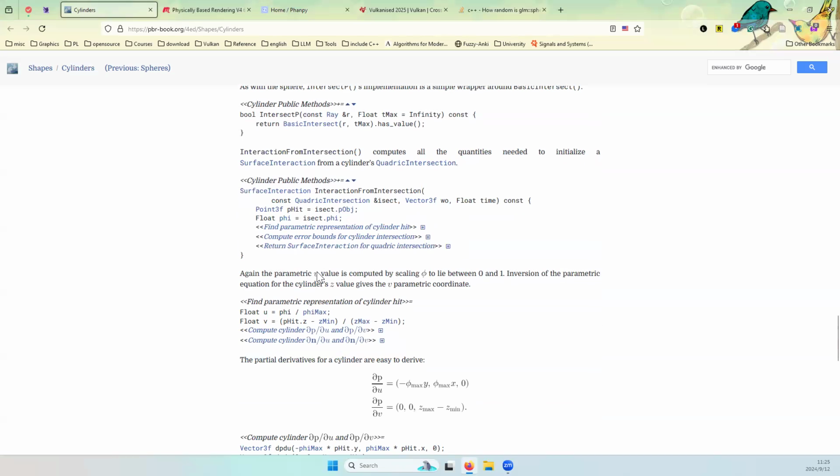U value is just computed by scaling phi to between 0 and 1. And V value is, yeah.